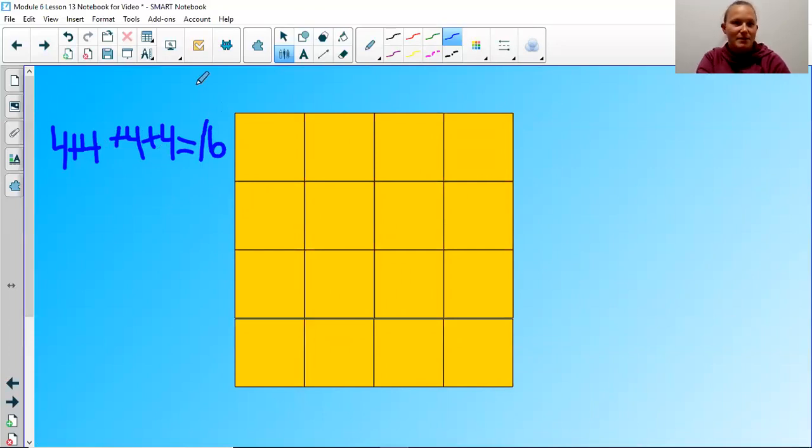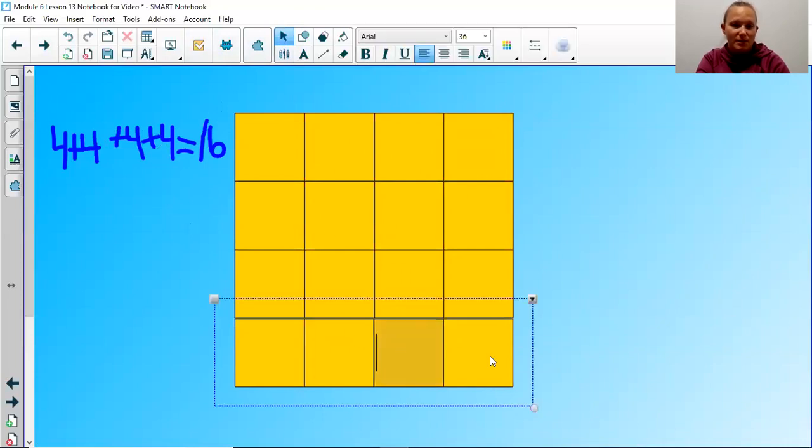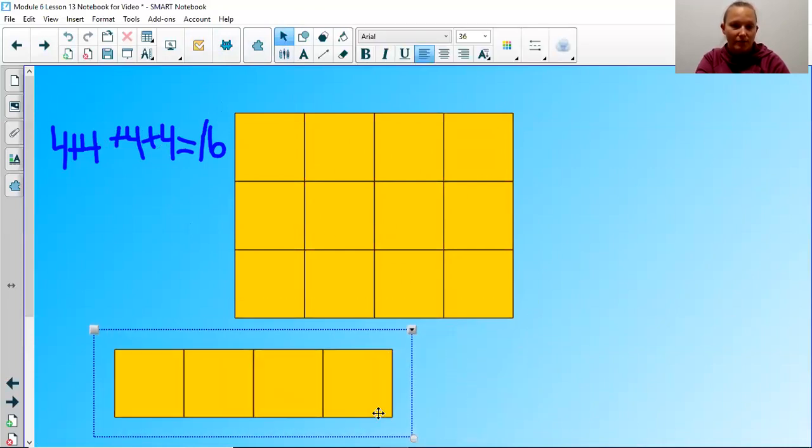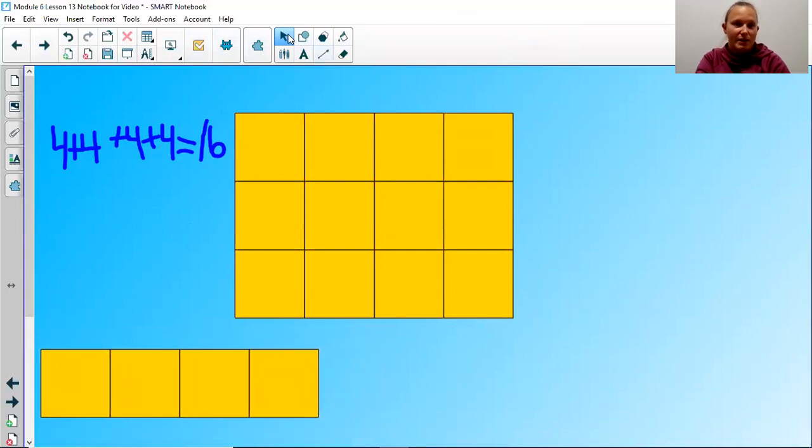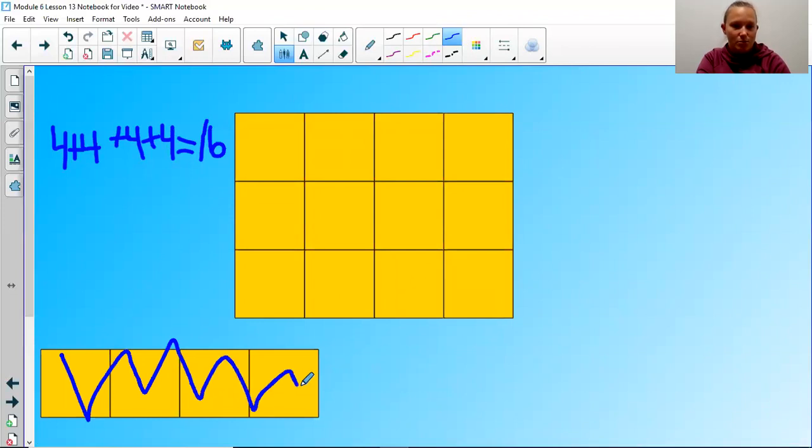So watch what happens when I take away 1 row. Okay, I'm going to take away this bottom row here. All right, and we can even kind of scratch it out. I took this row away. So here's my new rectangle of square tiles. What is the new total? Well, we can see that we now have 3 rows of 4.